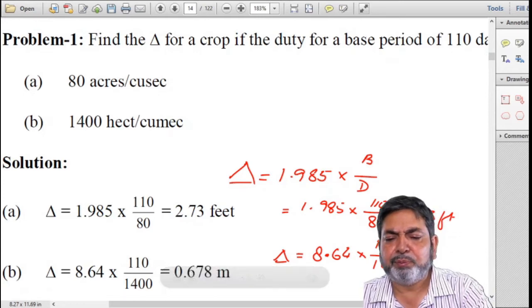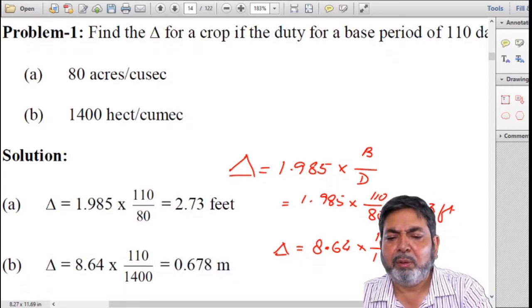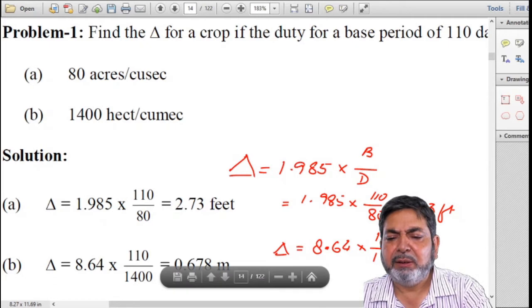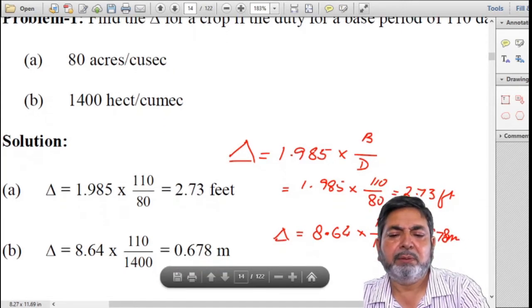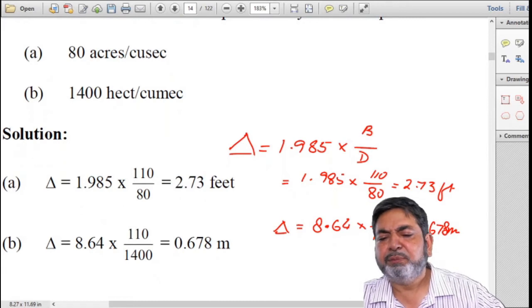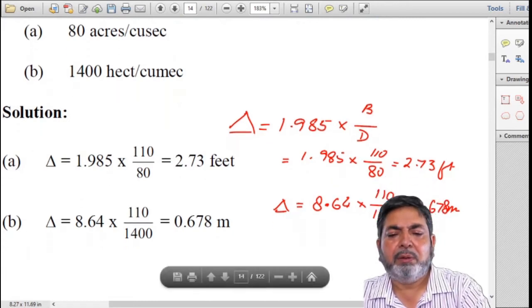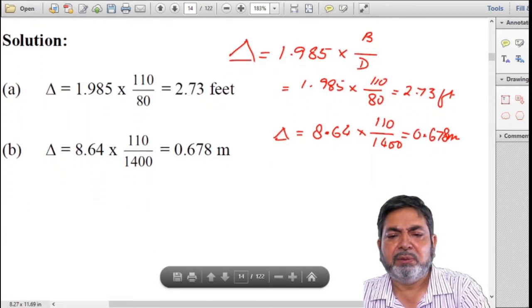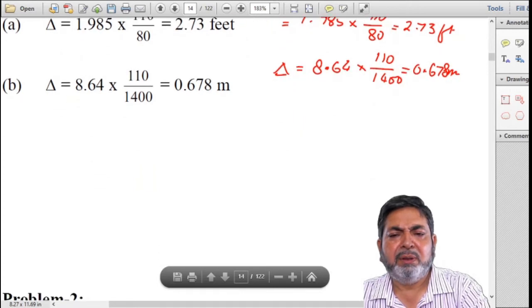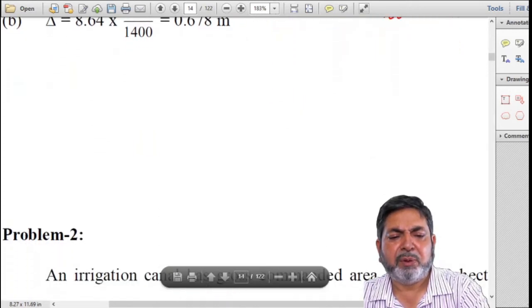So you will get the answer as 0.678 meters. So this is the first problem. I hope you would have understood the problem.